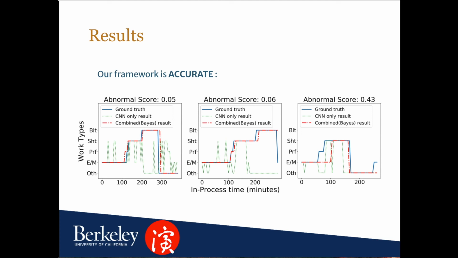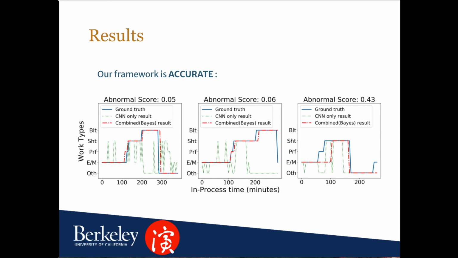The green dots are the results from CNN models only, which serve as a baseline model, and the red line is the final results from our framework. As you can see, our framework performs much better compared to the CNN-only case because our prediction matches the ground truth much closer.